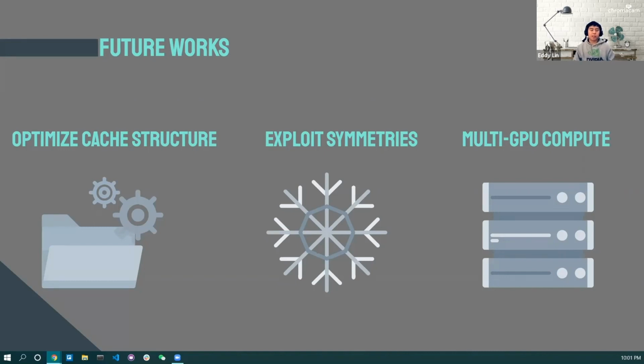Let's say we know something about the data, that it's symmetric along a certain axis. Then we're able to do better denoising since we have more information about it. Third, we can do multi-GPU computation. In other words, let's take multiple GPUs and run them at the same time, and we would think that we get even more speed up, potentially making that runtime much, much shorter than the CPU cluster.